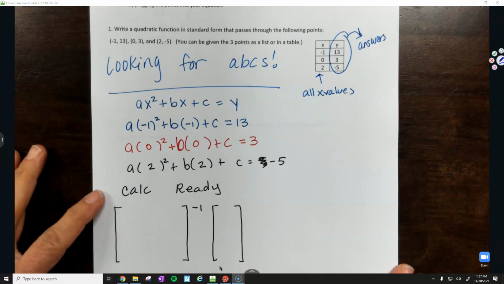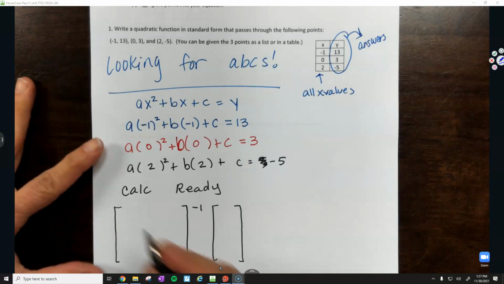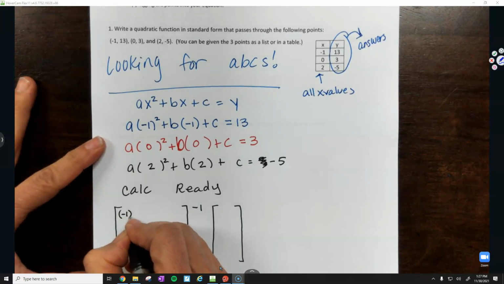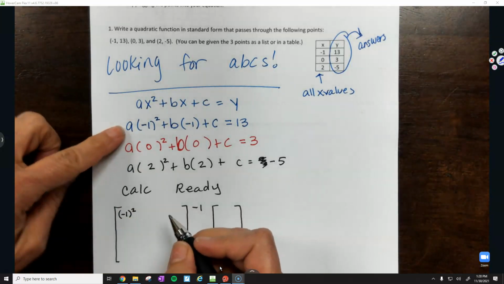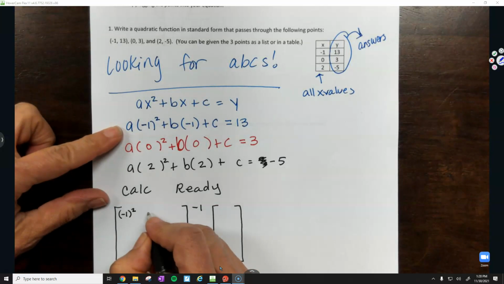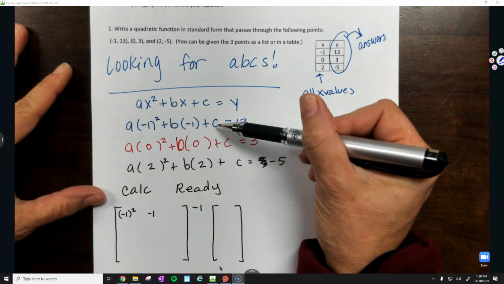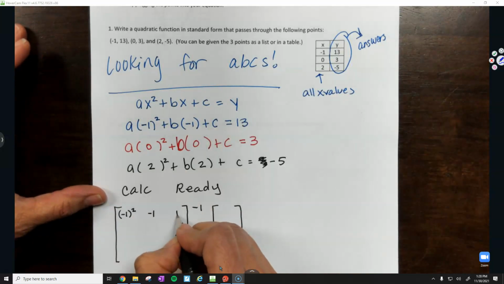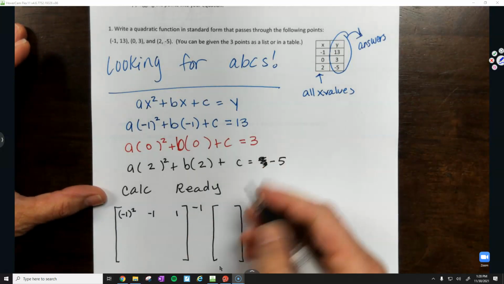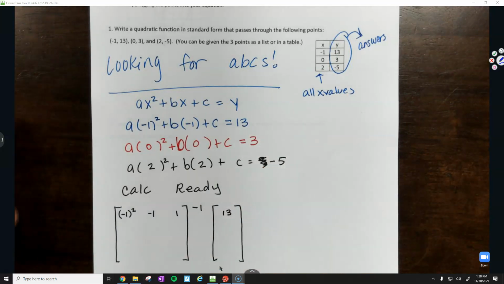So you can go ahead and do -1 times -1, but the matrix will take it just like that if you want to put it in the value like that. So my first equation has -1 squared, just a plain -1. Remember, c's coefficient is understood to be 1. And the answer here for the first one is a 13.